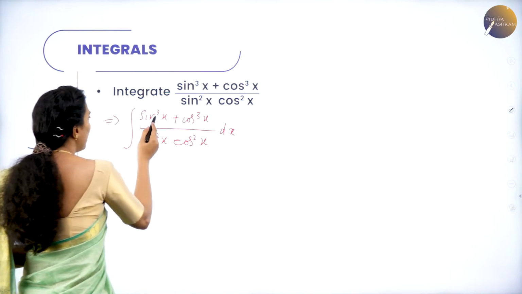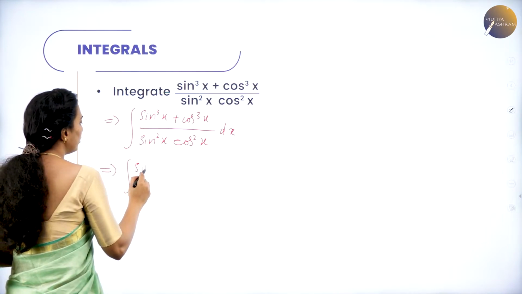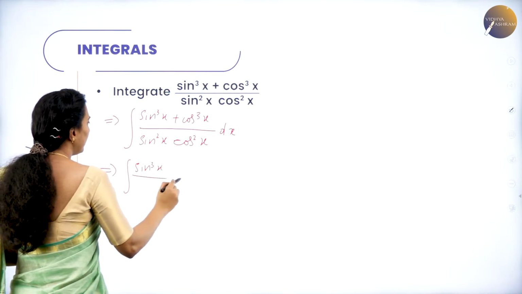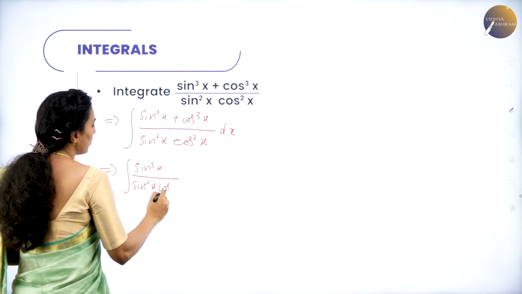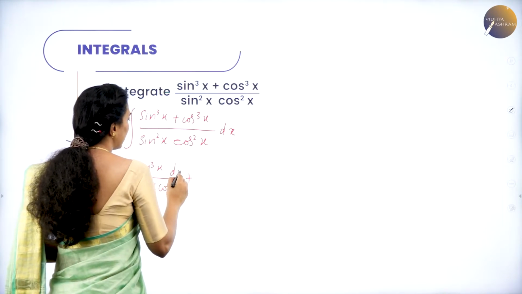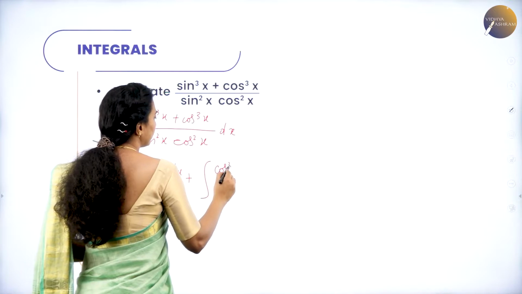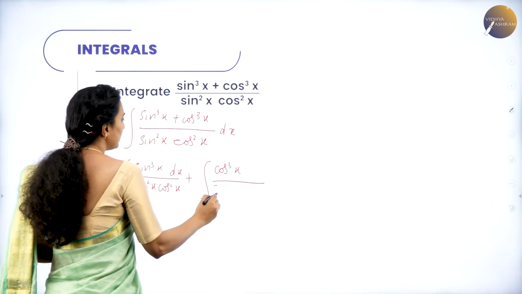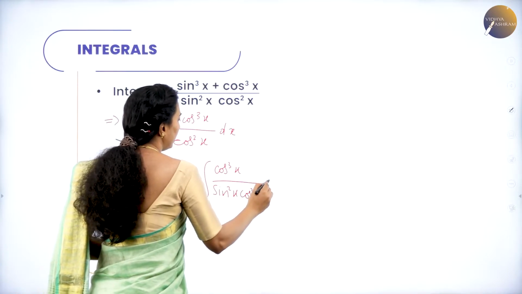What I am going to do, I am going to segregate this separately. Integral of sine cube x divided by the denominator as it is, sine squared x into cos squared x, dx, plus, I am separating this, integral of cos cube x divided by sine squared x into cos squared x into dx.